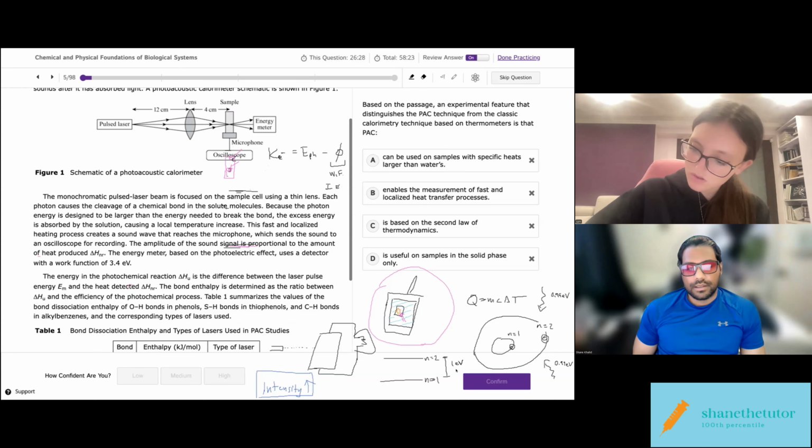A good way to think about it is, if it's light, intensity is the number of photons, and the number of photons corresponds with brightness.